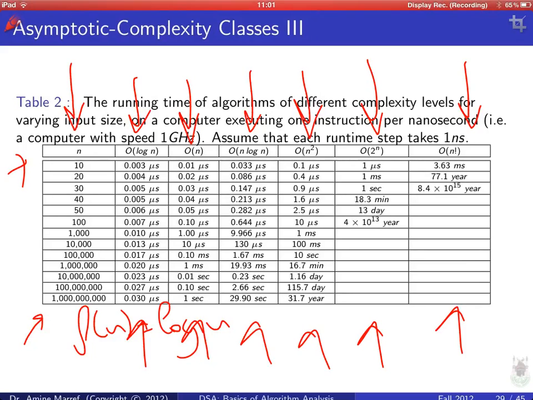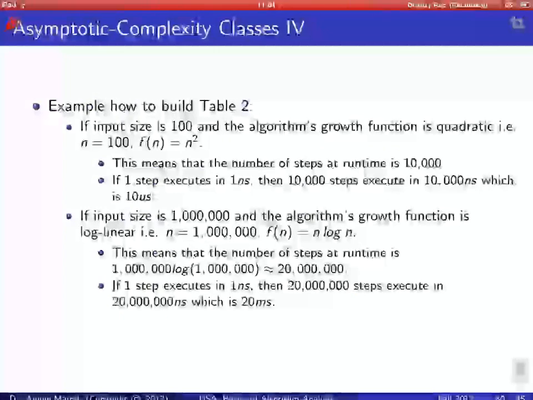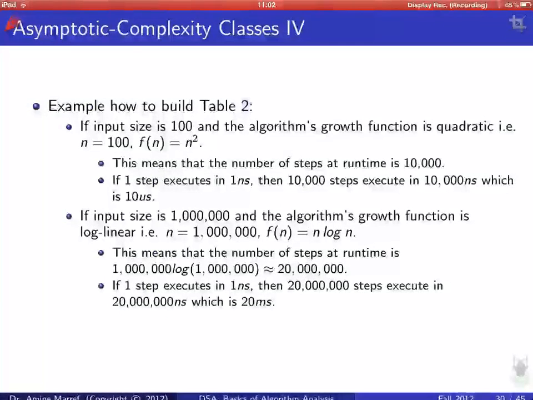In the next slide, I show you how to compute each value. I'm showing you an example which shows you how to compute the values in the table so that you know where these numbers are coming from, okay? But this is not really the meat. This is not really what we want to discuss, okay? We don't want to discuss how we derive the numbers, but we want to observe what's happening.